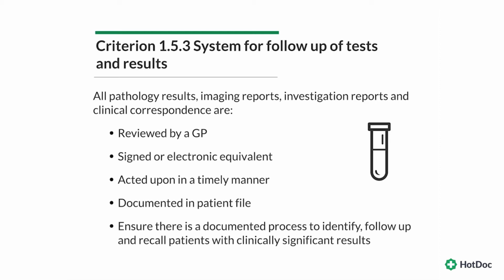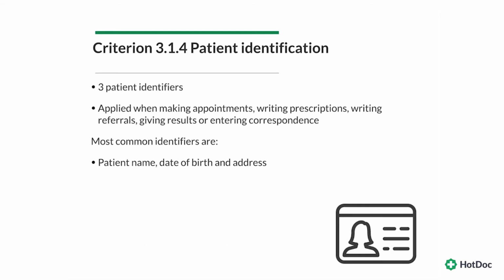The other criterion that is relevant is 3.1.4, which is patient identification. And we have this requirement about using 3 patient identifiers. The main reason for this is to make sure that we've got the right patient in front of us, or the right patient file that we've opened up.